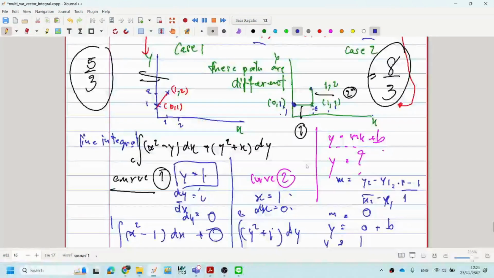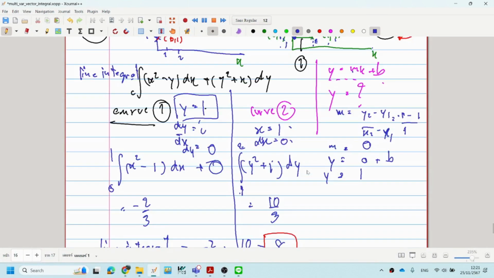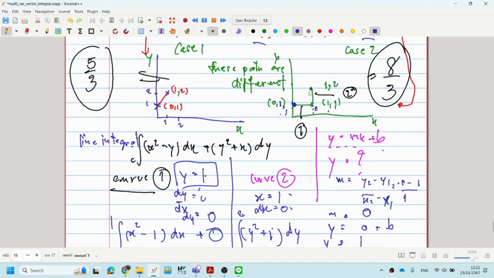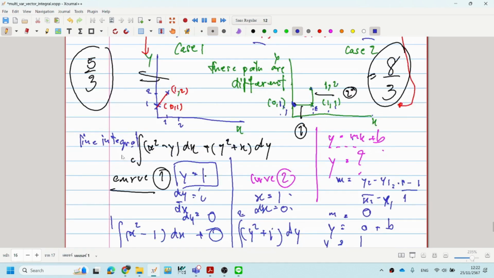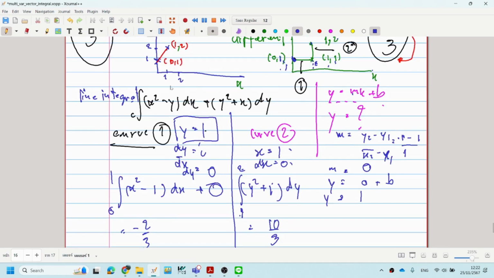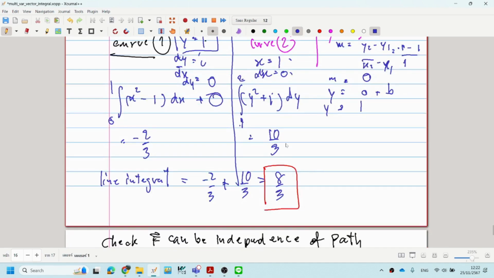For the second curve in the special case, x is 1, so dx is 0. When dx is 0, the first term is gone already.